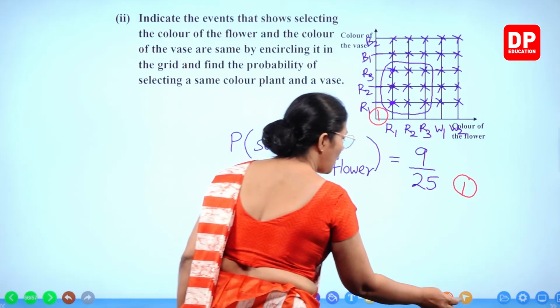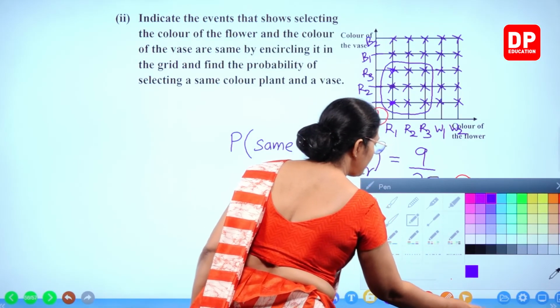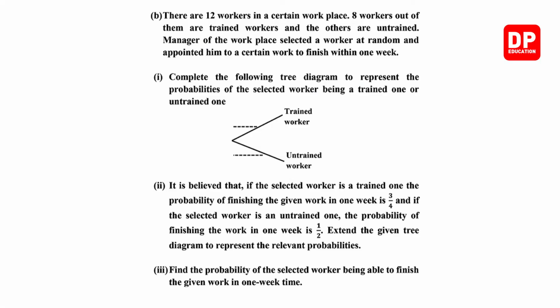Then what's the next one? There are 12 workers in a certain workplace. 8 workers out of them are trained workers and the others are untrained. Manager of the workplace selected a worker at random and appointed him to a certain work to finish within 1 week.